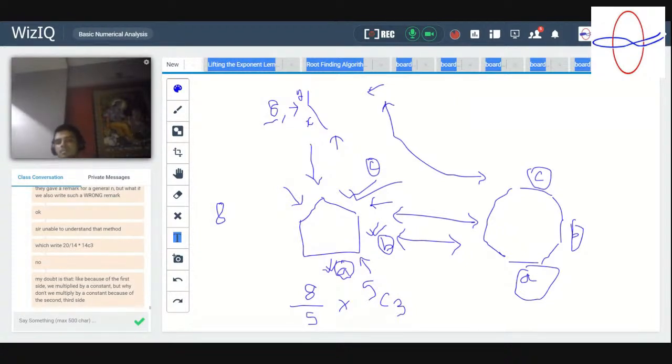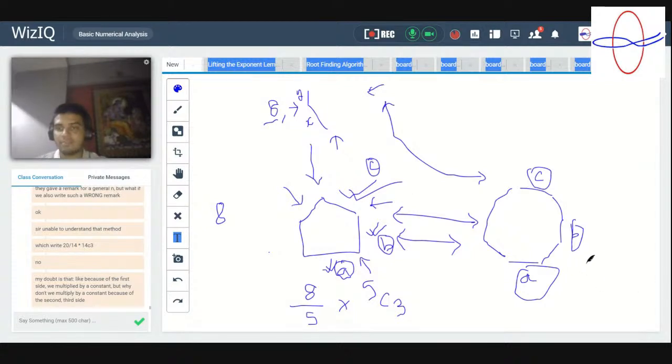The reason we do this is, once we have the first side, then my claim is that for any valid configuration here, I can map that to a single configuration back in the pentagon. Why?